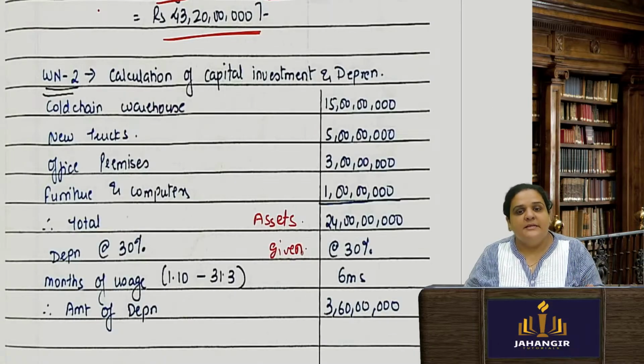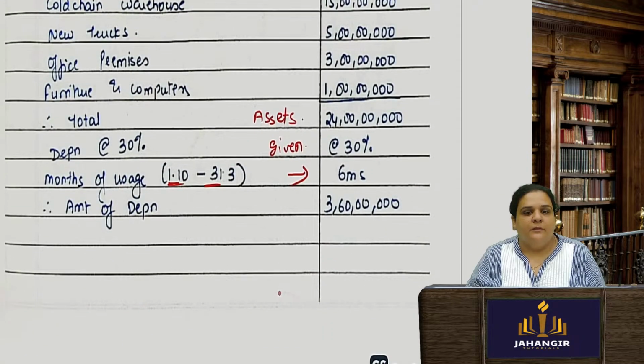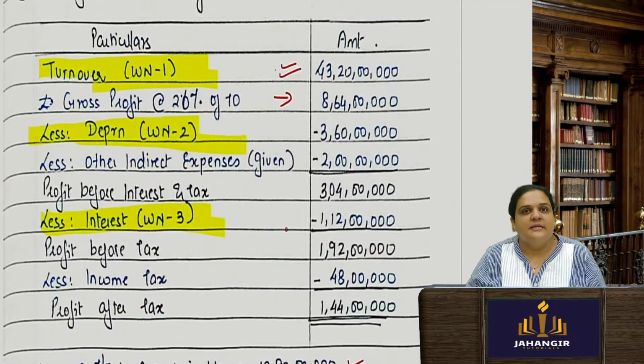So depreciation also will be from 1st October to 31st March for 6 months. Therefore, amount of depreciation will now be only 3 crore 60 lakhs. 6 months only. Indirect expenses 2 crores is given. Therefore, profit before interest and tax will be 3 crore 4 lakhs.